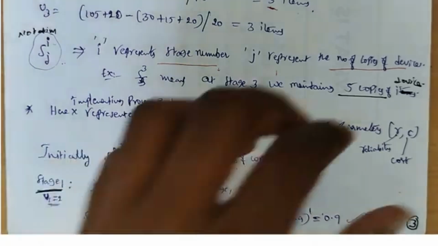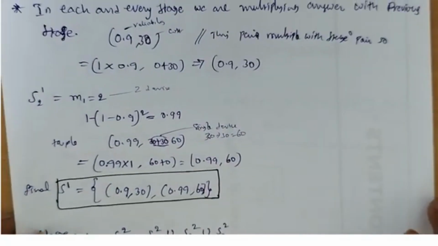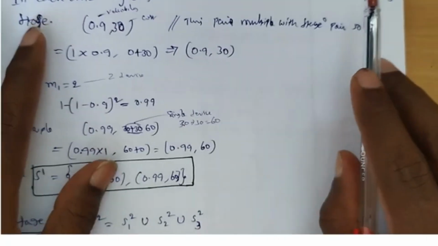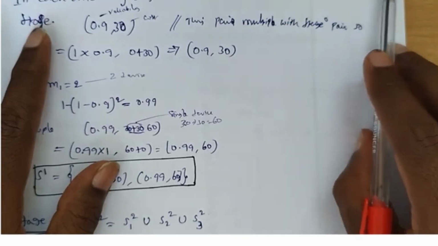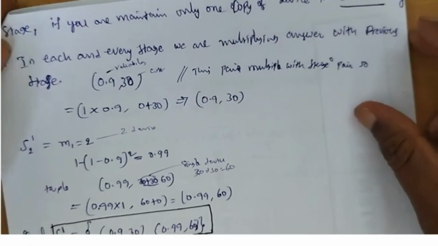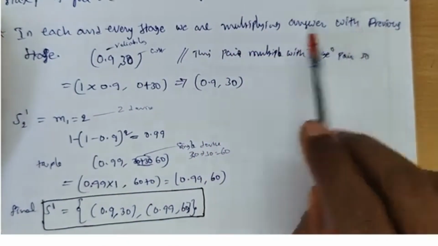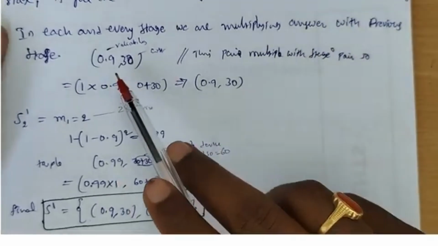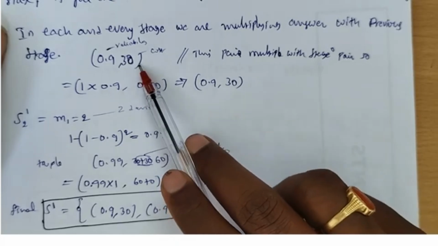Here in stage 1, if you are maintaining only 1 copy of the device, it has 0.9 reliability. In each and every stage we need to multiply the answer with the previous stage. Here 0.9 comma 30, where 30 is the cost.